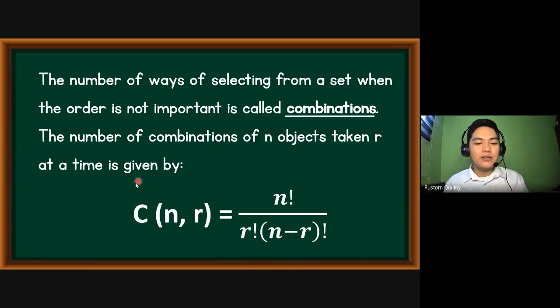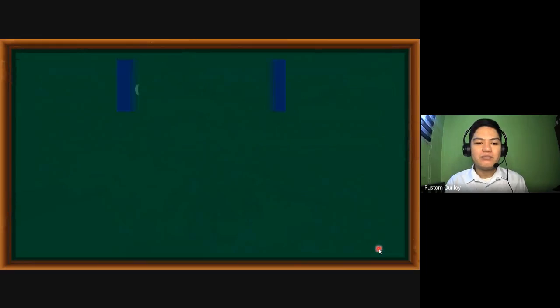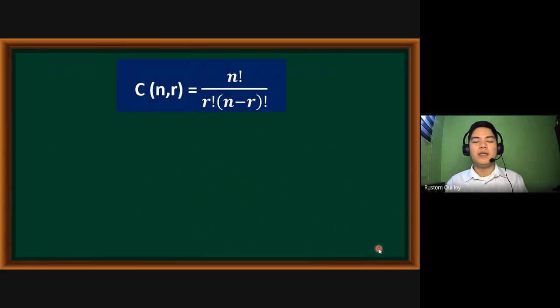So gamitin natin itong formula na ito para malaman natin kung ilan ba yung possible winning combinations sa loto para ikaw ay manalo. Yan ang ating formula. So dun sa ating problem, our n is 58 since 58 numbers yung pamimilian and ang ating r ay 6 since 6 ang kailangan mong piliin para manalo ka sa loto.